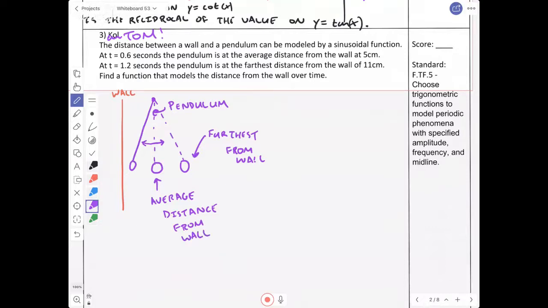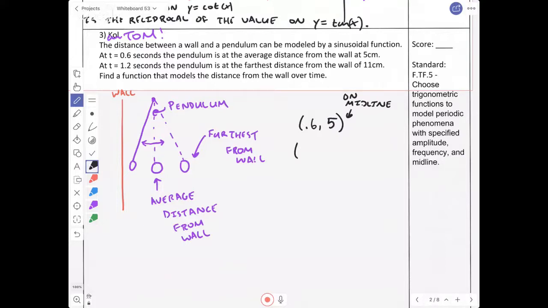Great. Okay, we know that at t equals 0.6, the pendulum is at the average distance from the wall, which is 5 centimeters. So I know that the point (0.6, 5) needs to be on my curve, and this point should be on the midline, because that's the average distance from the wall.